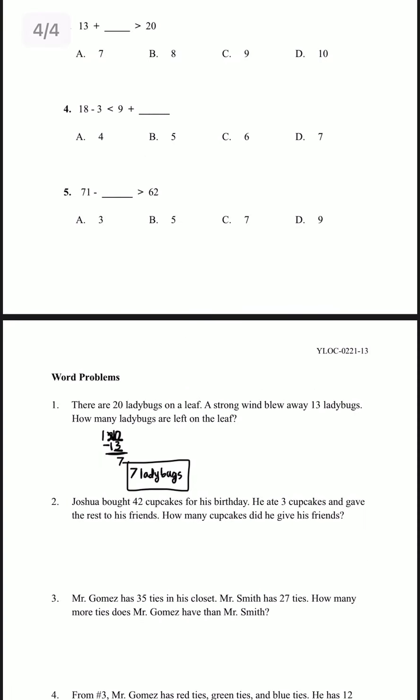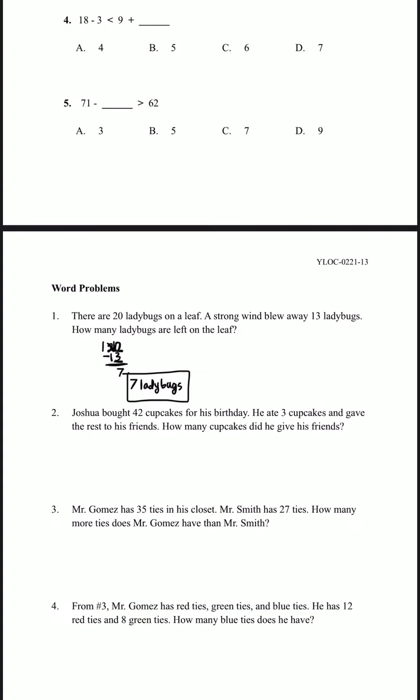Let's look at number 2. Joshua bought 42 cupcakes for his birthday. He ate 3 cupcakes and gave the rest to his friends. How many cupcakes did he give his friends? To know how many cupcakes he gave to his friends, we need to subtract 3 from 42.